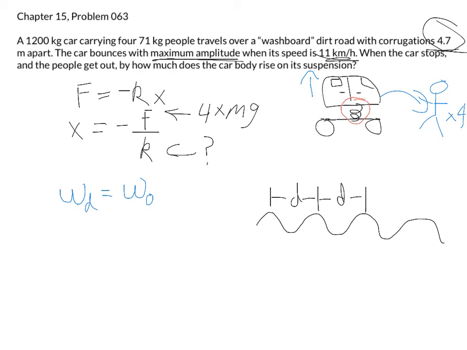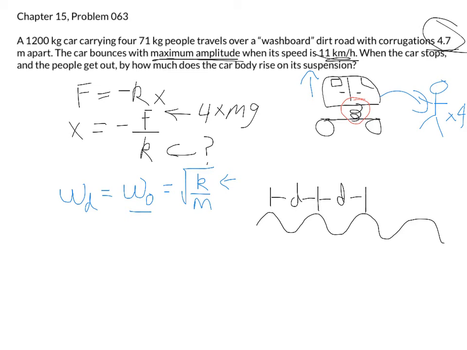So the frequency of the car over the bumps is equal to the natural frequency, which is just the square root of k over m. So if we want to figure out k, we need to figure out the natural frequency.